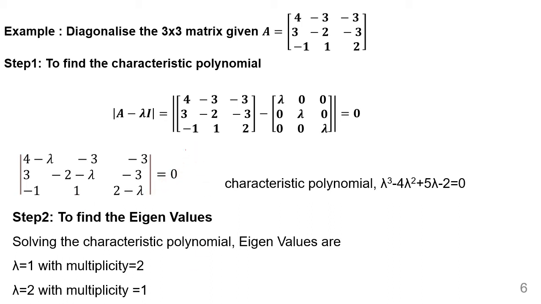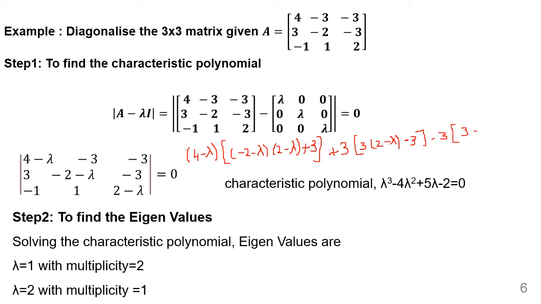When we simplify this, we get 4 minus lambda multiplied by minus 2 minus lambda, 2 minus lambda plus 3, and then plus 3 times 2 minus lambda, then minus 3 times 2 plus lambda.